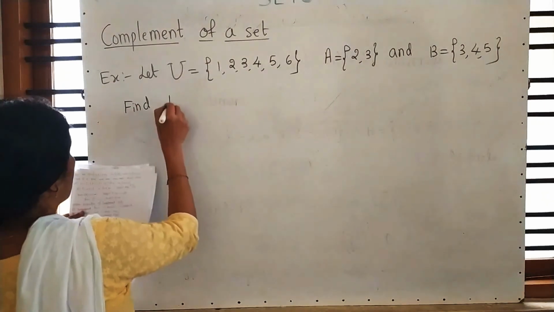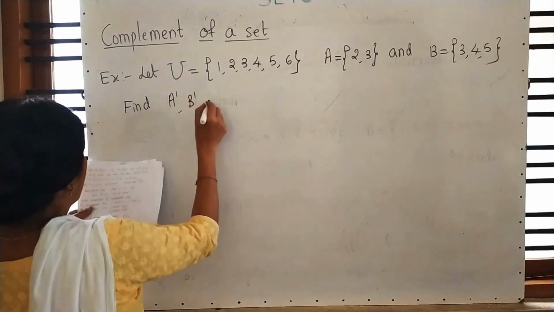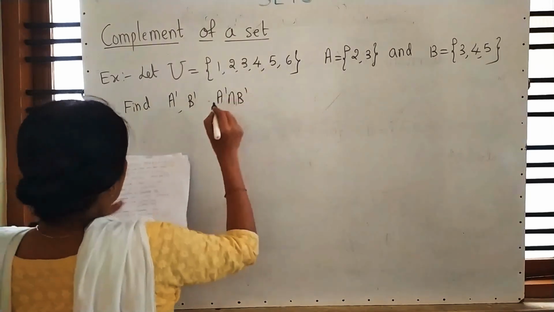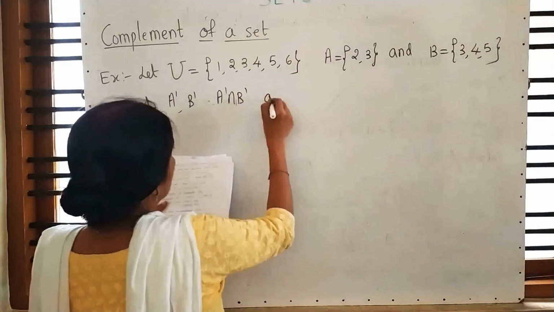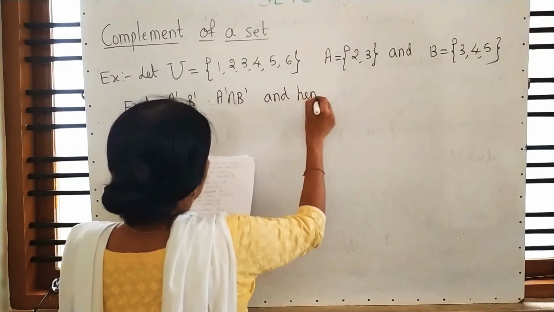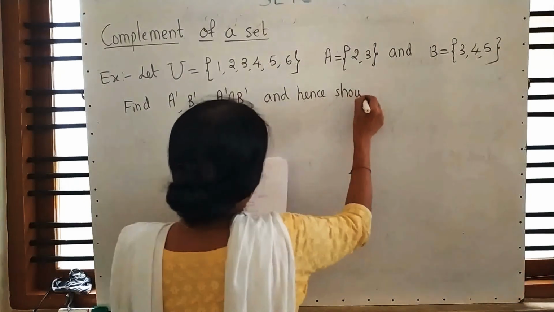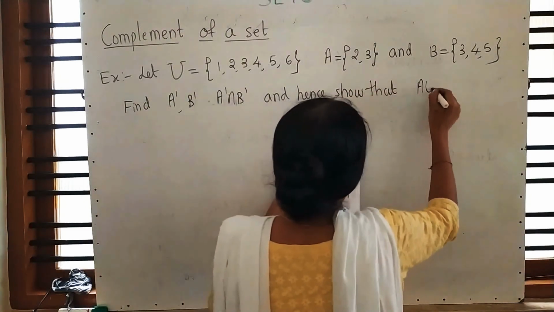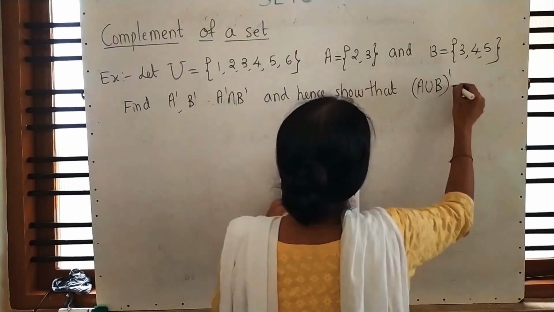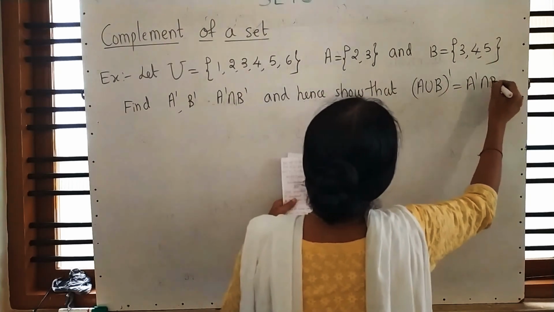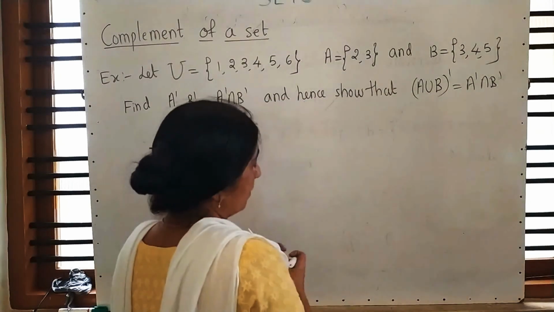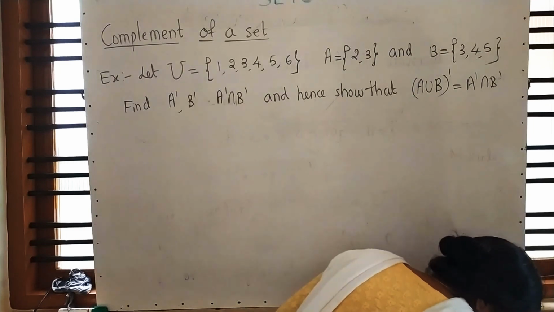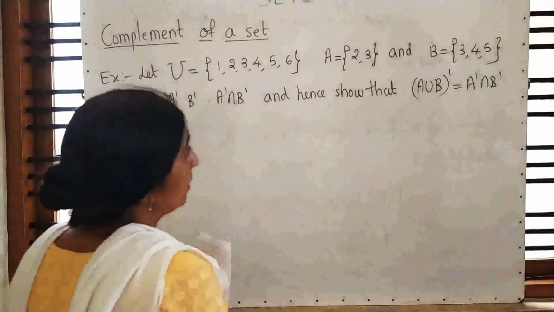Find A complement, B complement, A complement intersection B complement, and hence show that A union B whole complement is A complement intersection B complement. So this is the important property that I will give after this example.